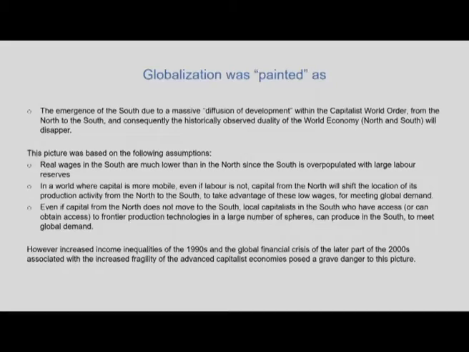A third assumption was that even if capital from the north is for some reason not able to move to the south, local capitalists in the south who have access or can obtain access to sophisticated production technologies in different spheres can produce in the south to meet global demand. And this is what is referred to as the technology transfer component of globalization. One of the facets of globalization was free flow of technology from one country to the other.